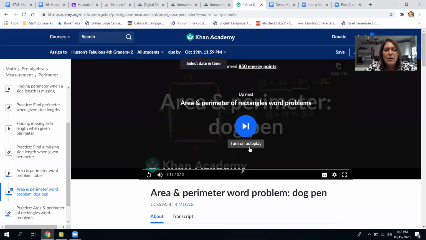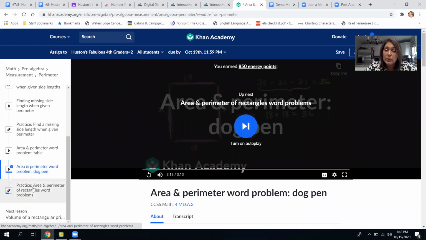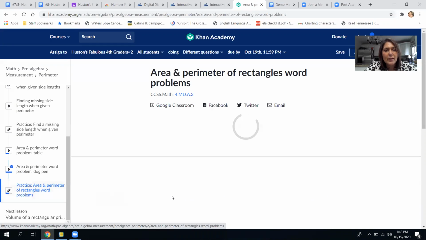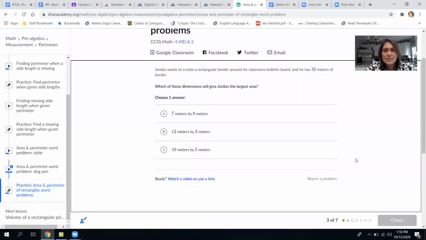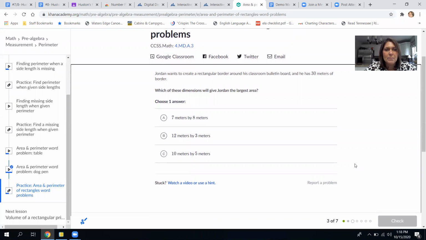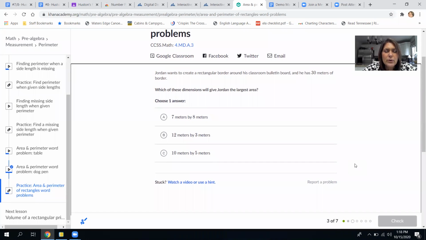Now we're going to take that knowledge and apply it to some more challenging problems. So get ready on your dry erase boards or in your notebooks. It doesn't matter to me. Here's the first one. Jordan wants to create a rectangular border around his classroom bulletin board, and he has 30 meters of border. Which of these dimensions will give Jordan the largest area?